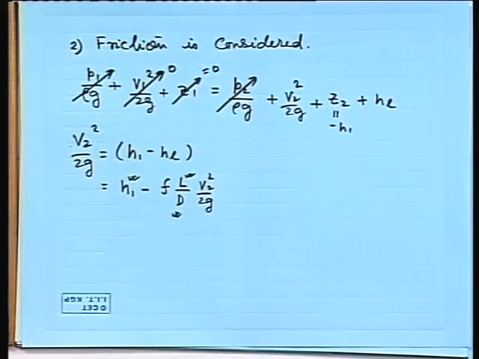Now the problem is f is a function of V2. Please try to understand, f is a function of V2. Unless I know V2, I cannot find out f. Unless I know f, I cannot find out V2. So they are interconnected, and I have to have some sort of iterative solution.